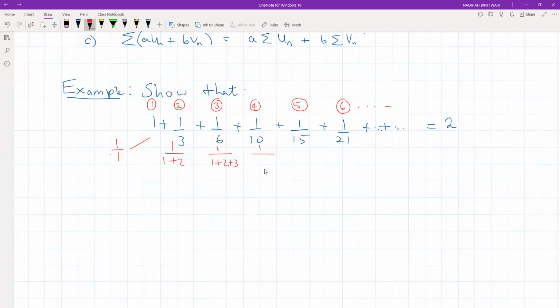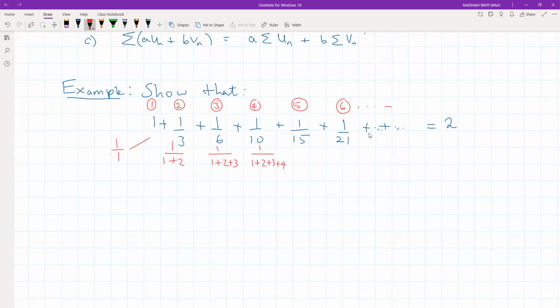Can you see the pattern? This is just add everything. So this is 1 plus 2 plus 3 plus 4. You can see that it adds the term. So this is n plus 1.